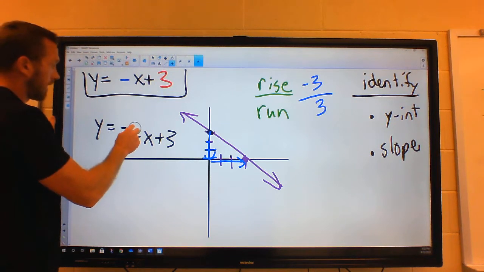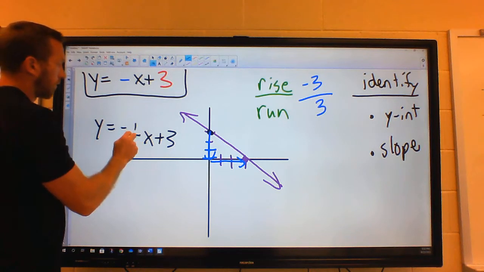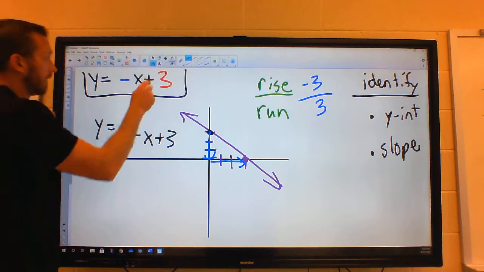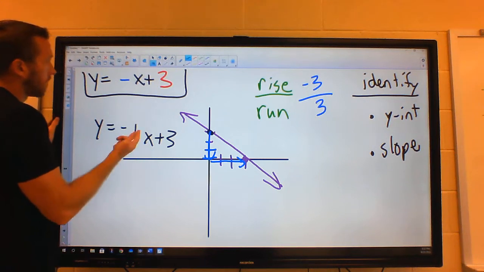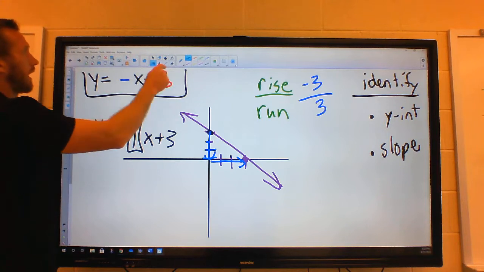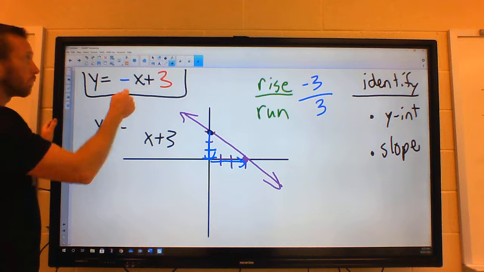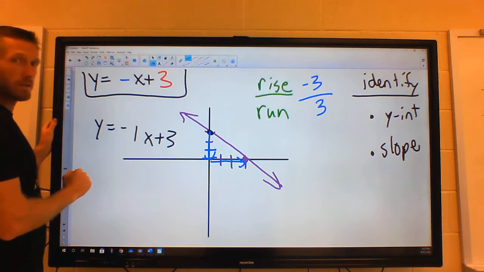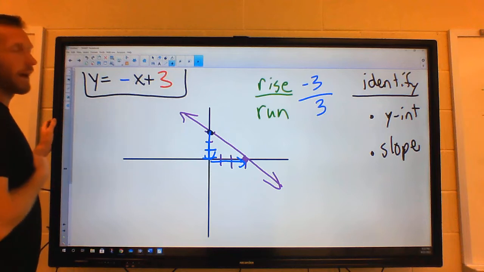I also don't write negative 1 over 1. That is really the same thing as negative 1. But we really don't need this 1 to be there when we know that negative x really means negative 1x. Okay? So we kind of keep that in mind. So this is how we would write that.